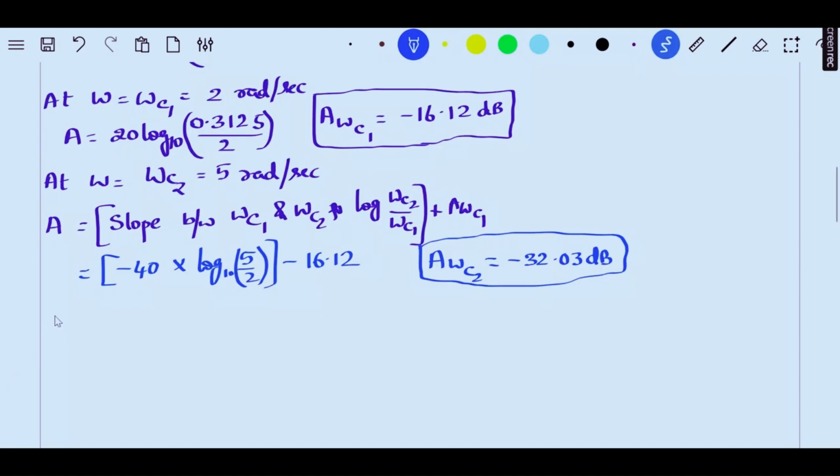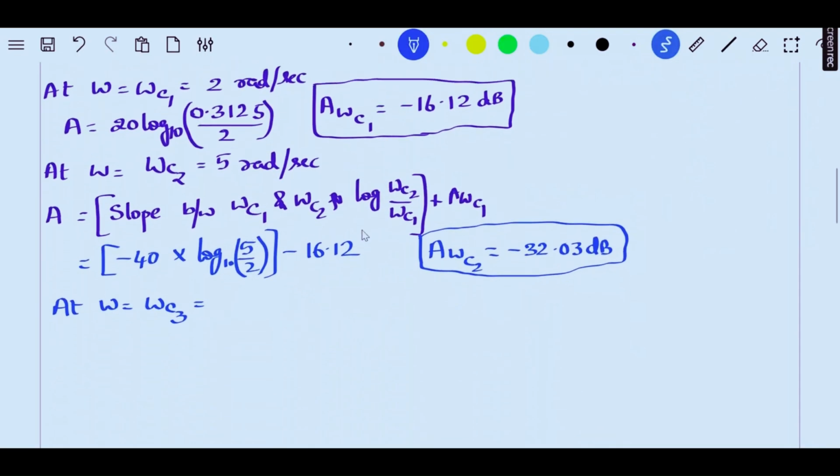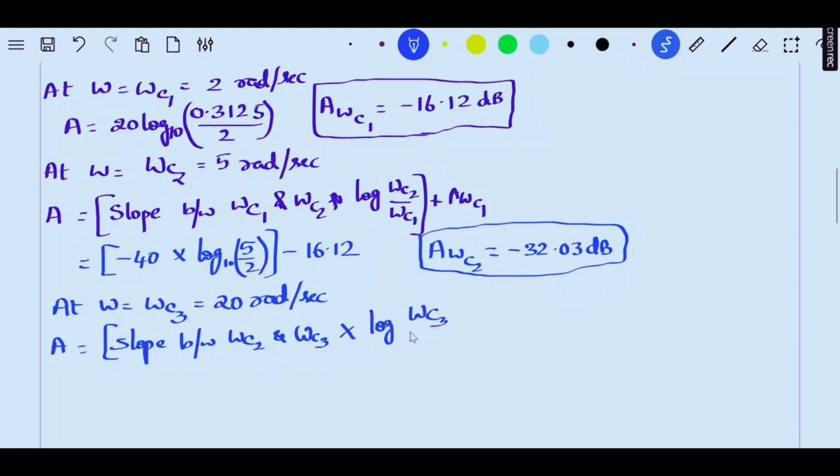Now let us go with calculating the gain at omega equals omega C3, and the omega C3 value is 20 radians per second. So the value of A now will be equal to the slope between omega C2 and C3, multiplied by log of omega C3 divided by omega C2, added with A of omega C2.